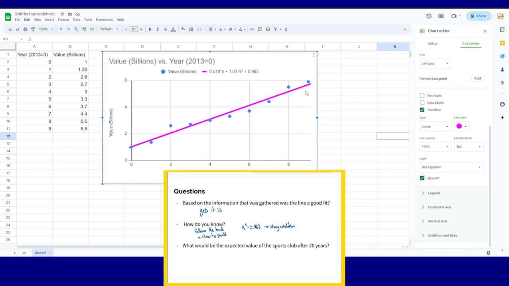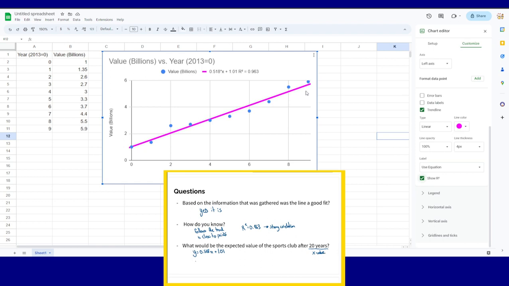But the nice thing is I have an equation. I have y equals 0.518x plus 1.01. So what I can do is, this is telling me an x value after 20 years.